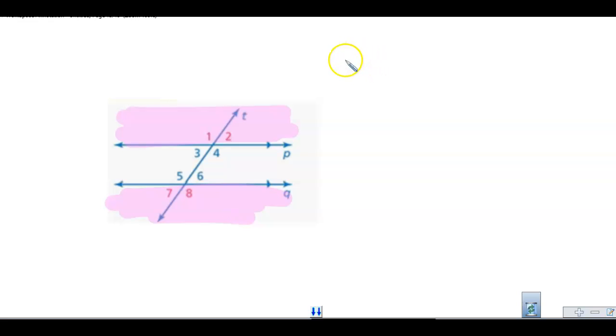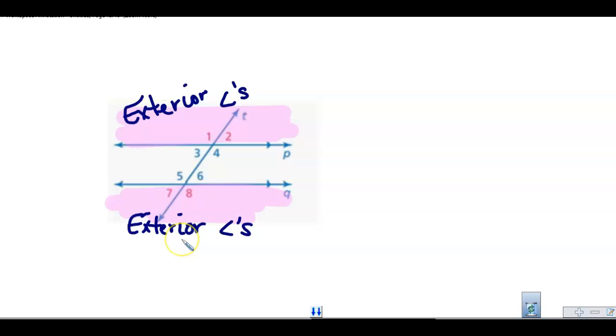We've got exterior angles. Go ahead and note those right there. These are also down here, exterior angles. And then the insides, there are our interior angles. Let's label those interior angles.